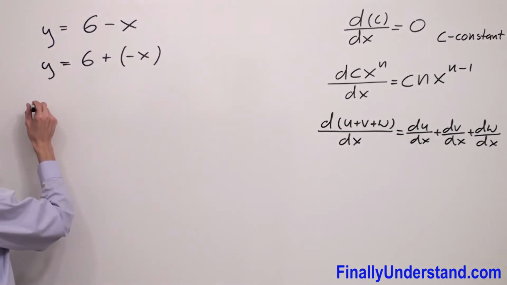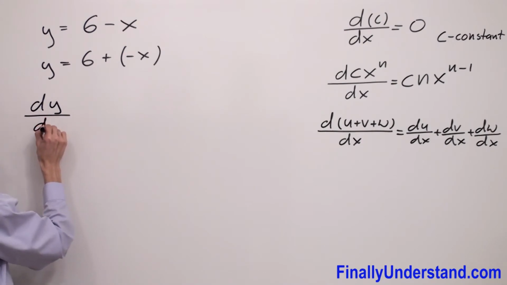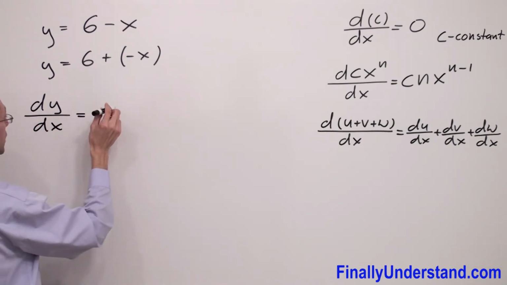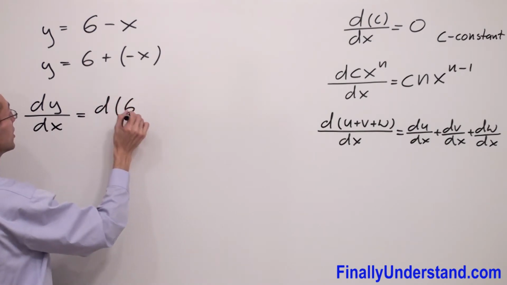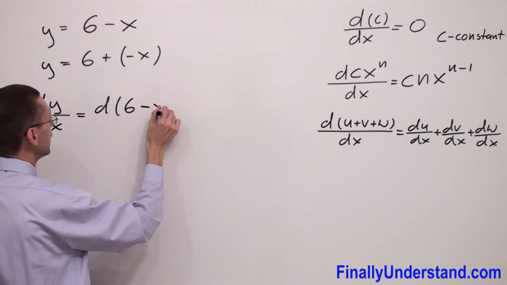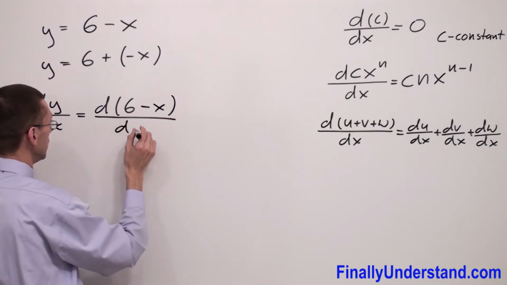So I'm going to write dy over dx is equal to the derivative of 6 minus x over dx.